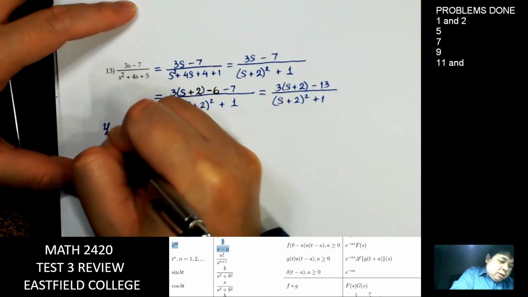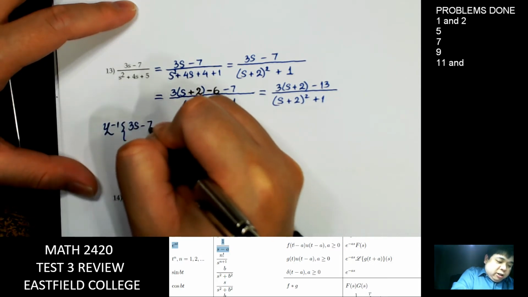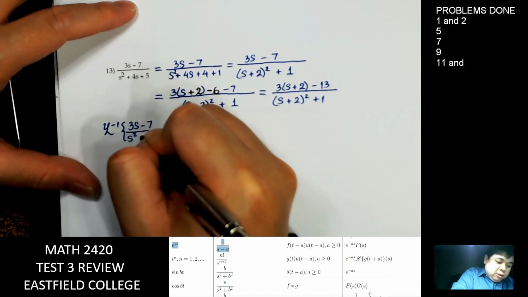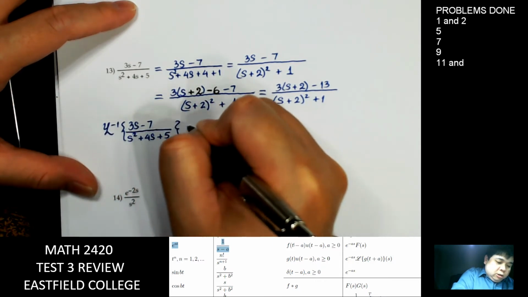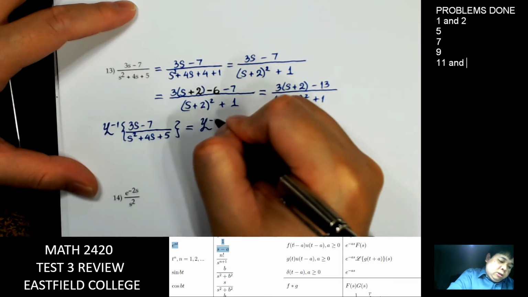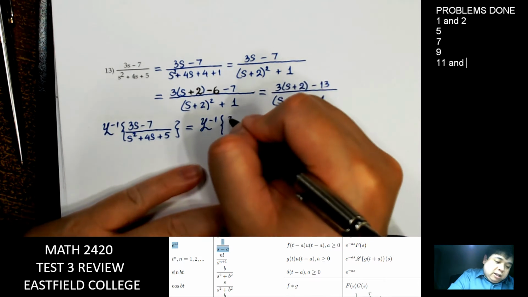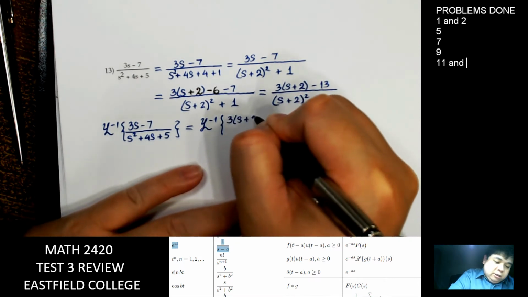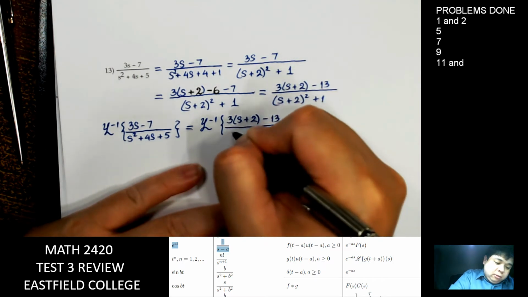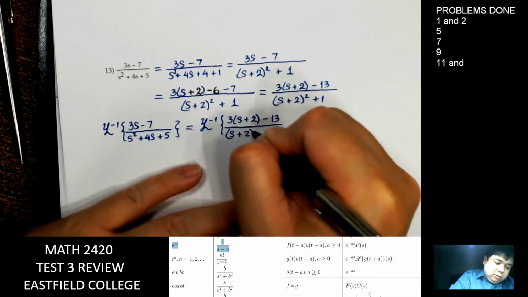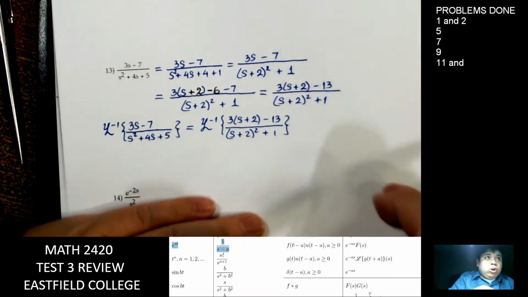So the inverse transform of 3s minus 7 will be the transform of that. Right. Now we split in 2.